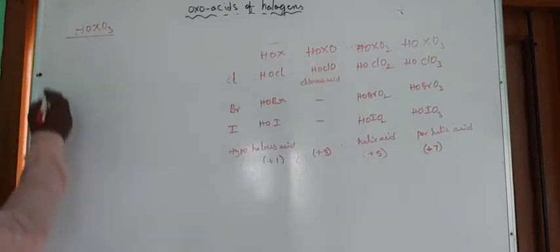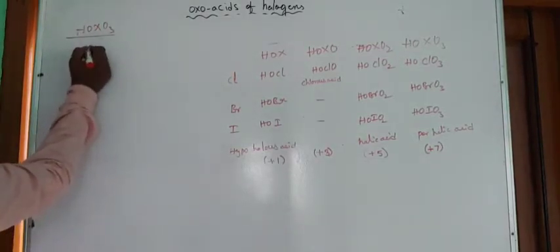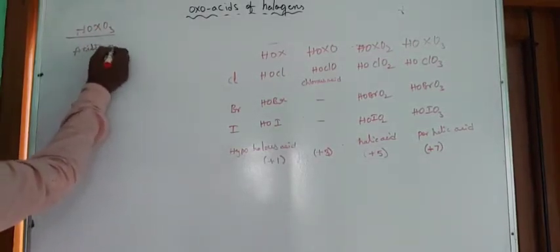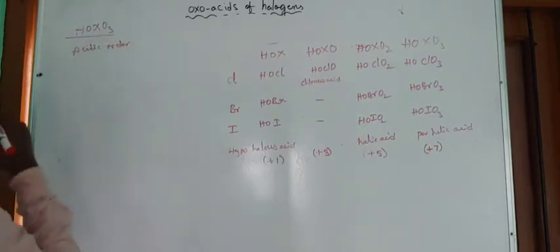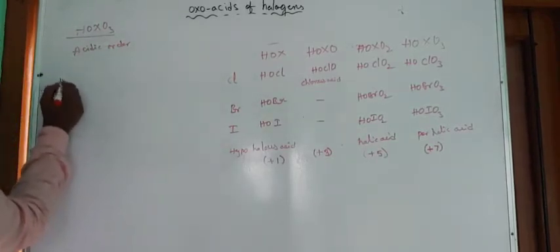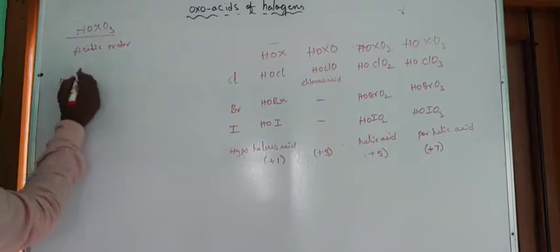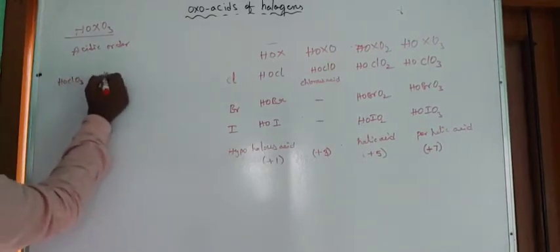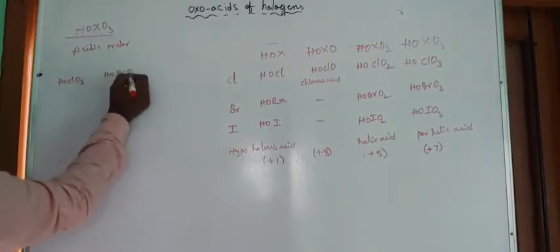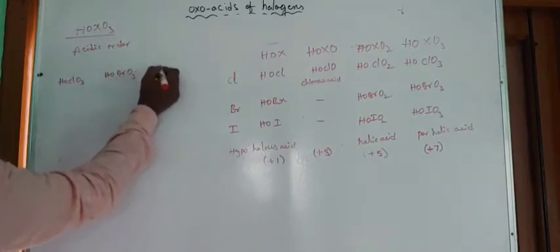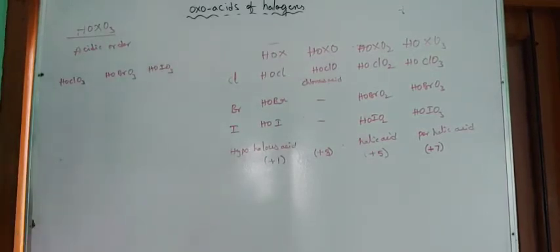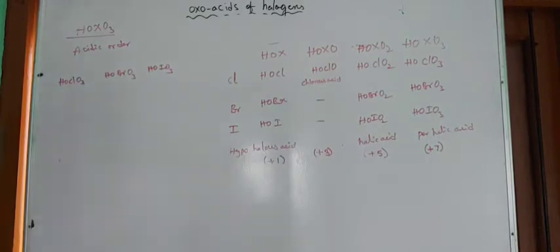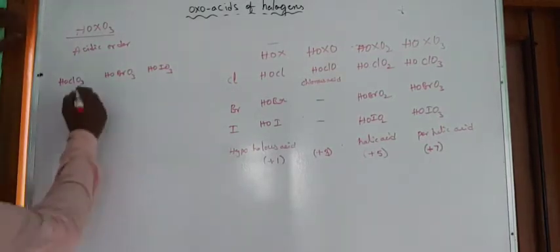So first let us see the acidic strength, the acidic order. Here HOClO3, HOBrO3 and HOIO3. Here also, guys, the same phenomenon follows.